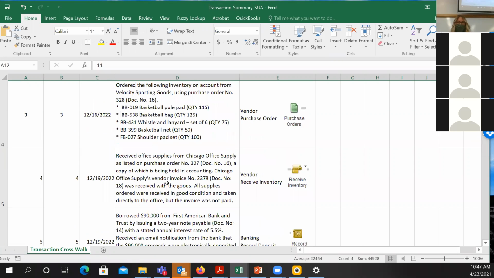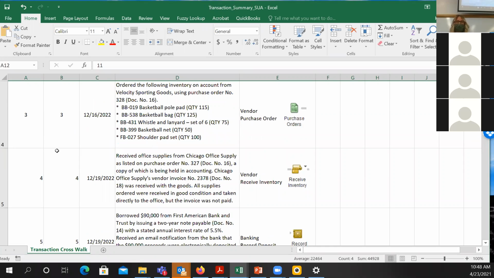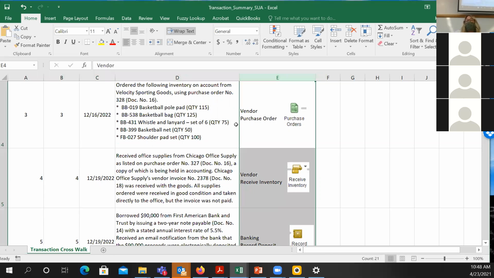So we might on Monday start out by looking at the vendor purchase or the purchasing cycle briefly in QuickBooks. But if you wanted to work ahead and then use Monday's lecture to check your work, these are the functions you would use in this column E here to record those transactions. So I gave you both the menu bar and then the sub menu selection in text.